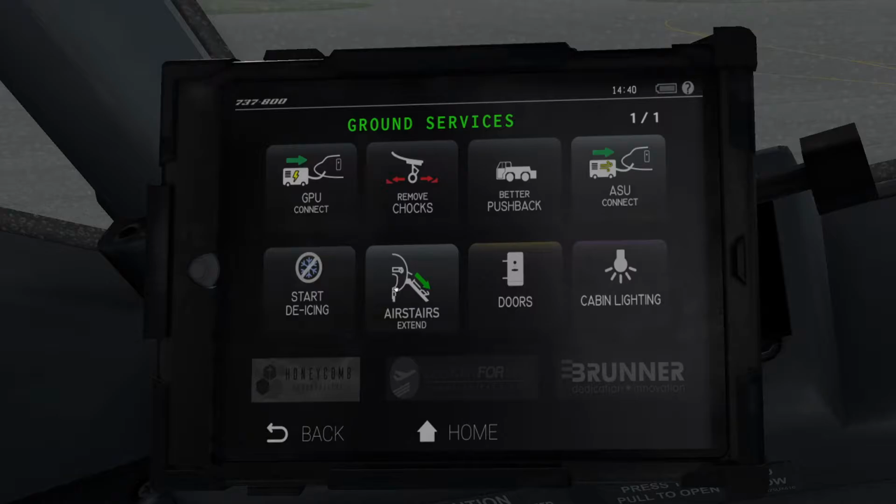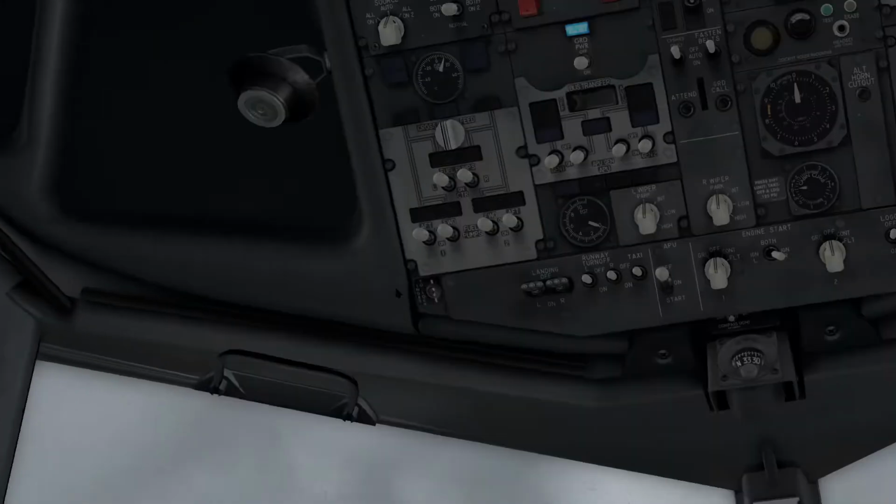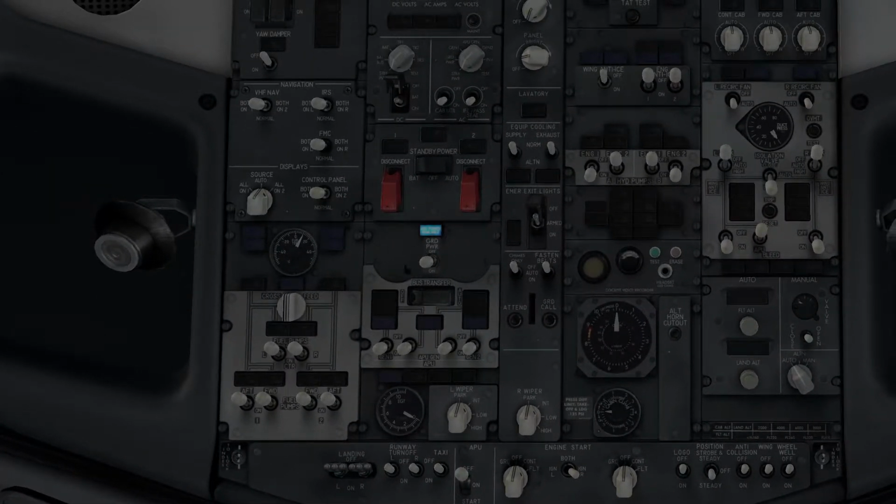Let's go now to the overhead page. We have ground power available, so select battery on, ground power on, emergency lights on.